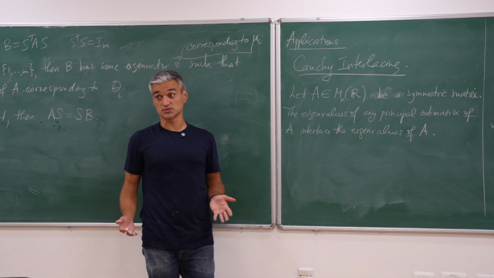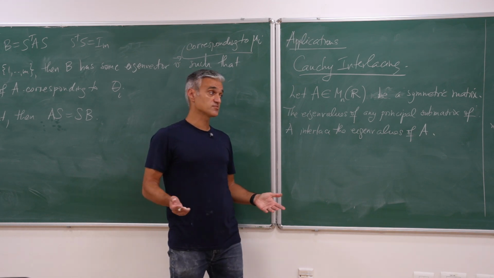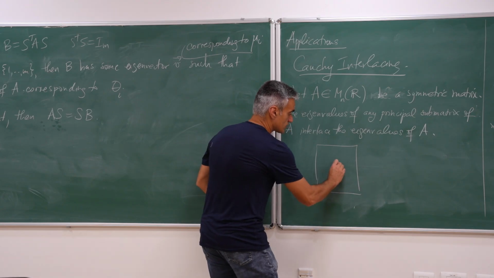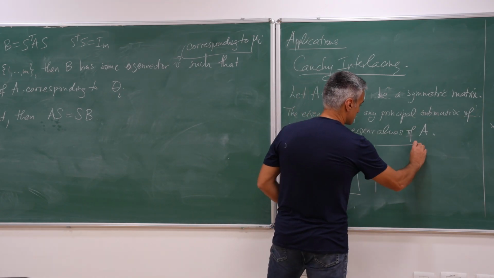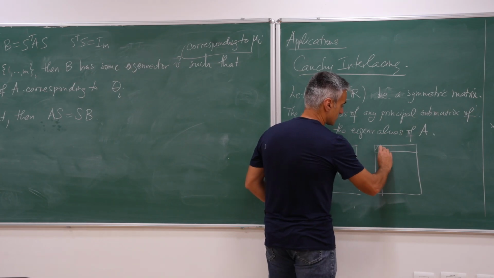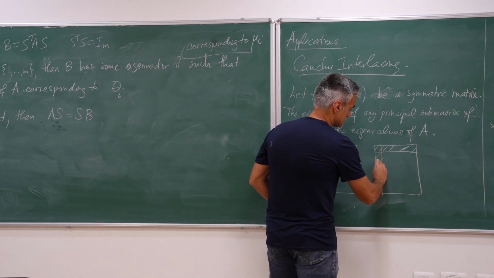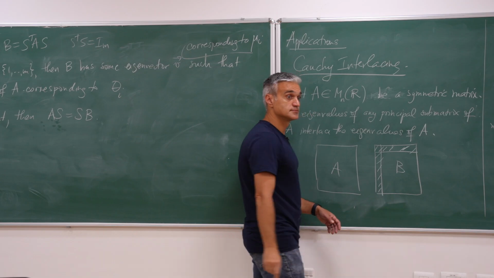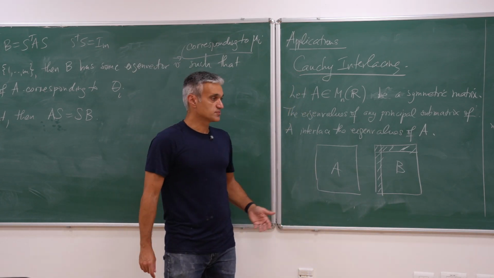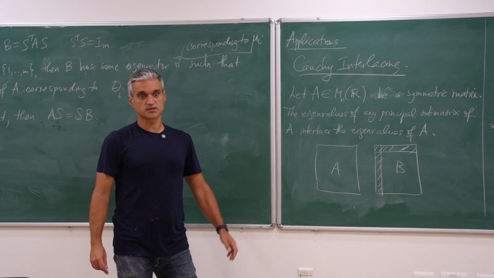Obviously, the matrix you get is also real and symmetric. It has real eigenvalues. In the simplest case, B is what you get when you delete the first row and the first column. Of course, depending on the situation, you may want to delete more.